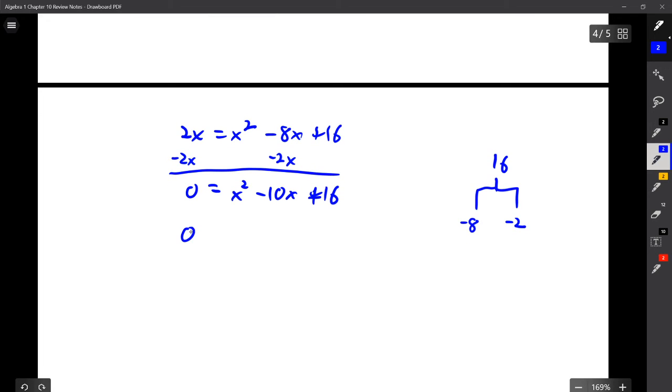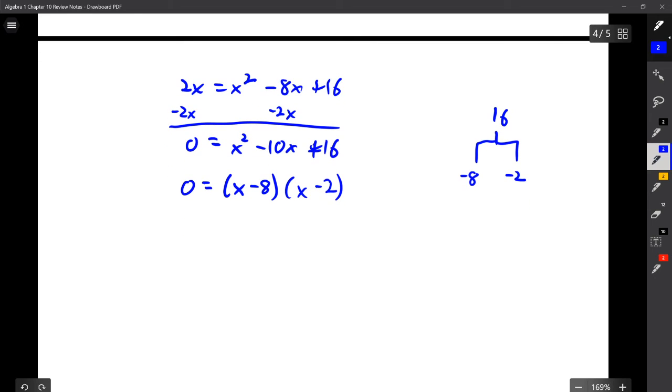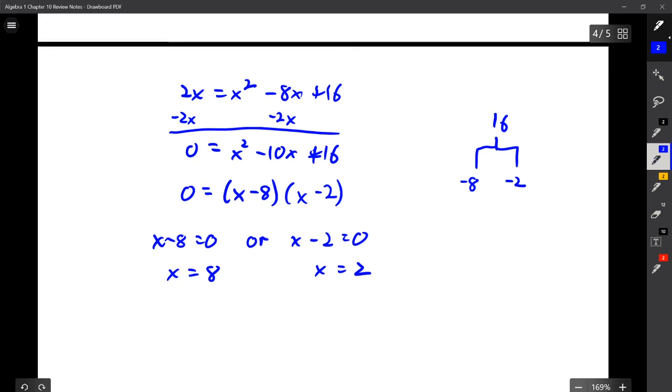So then this factors to 0 equals x minus 8 times x minus 2. So x minus 8 equals 0, or x minus 2 equals 0. And so here we get x equals 8 or x equals 2.